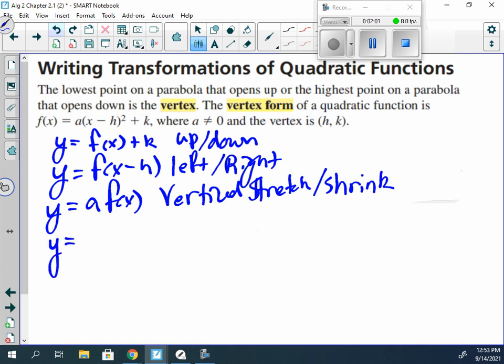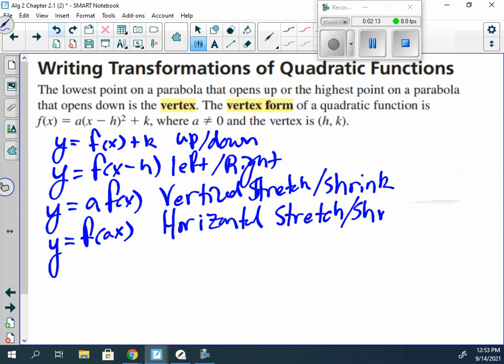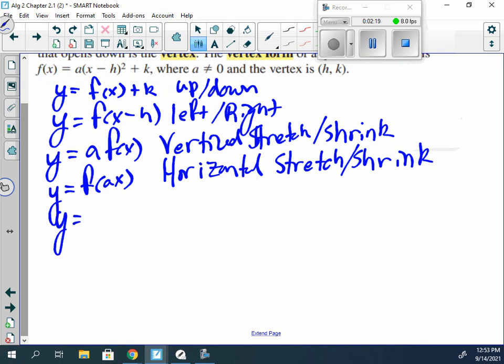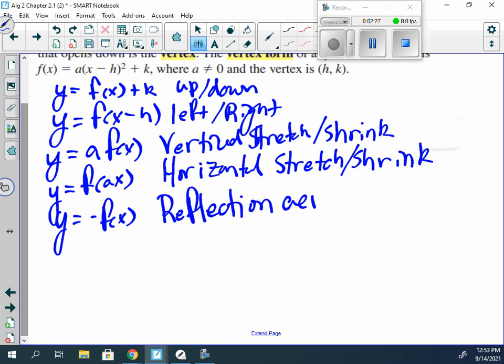Our y equals f of a x is our horizontal stretch or shrink. And our last two: y equals negative f of x is our reflection across the x-axis.